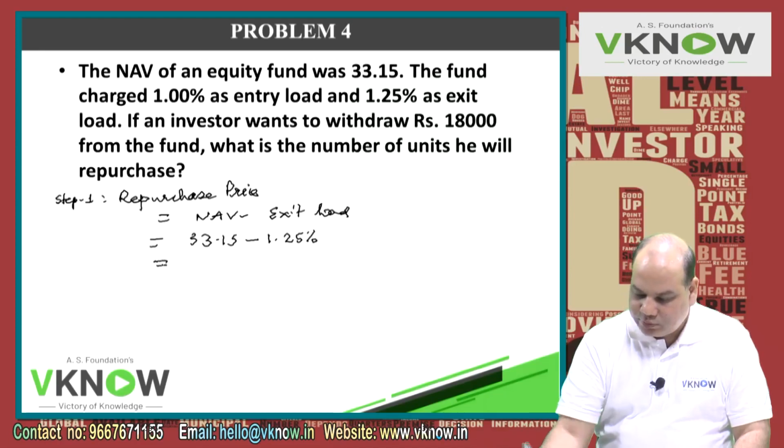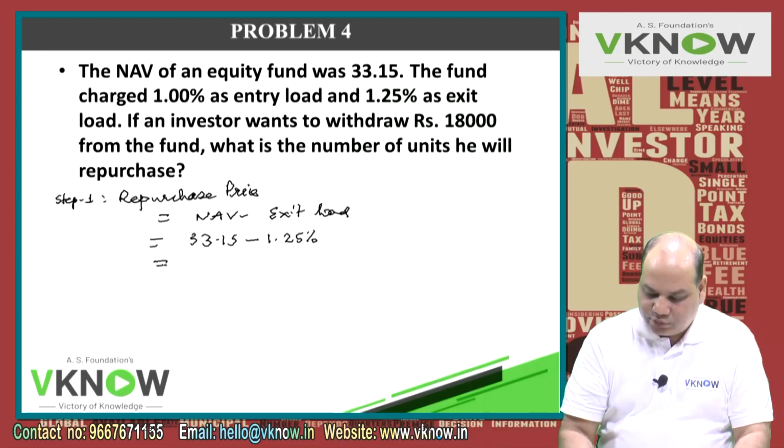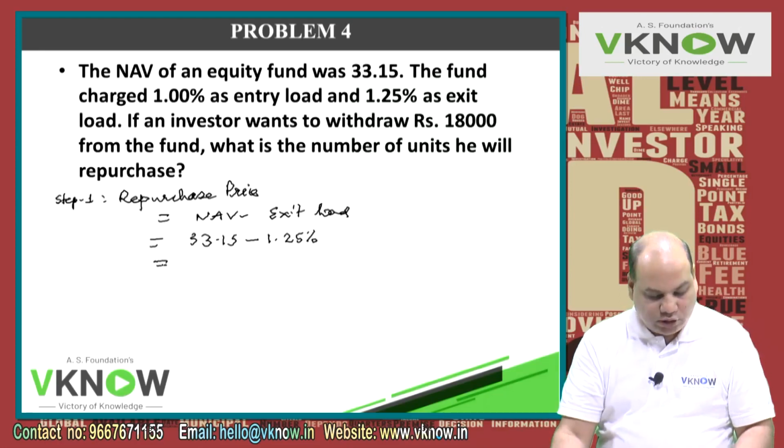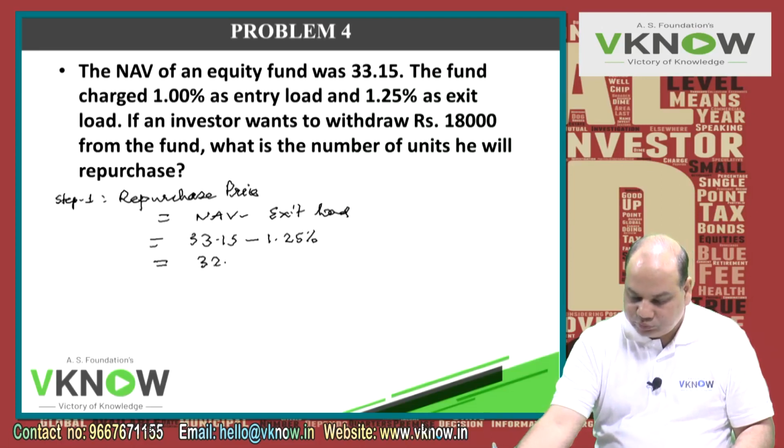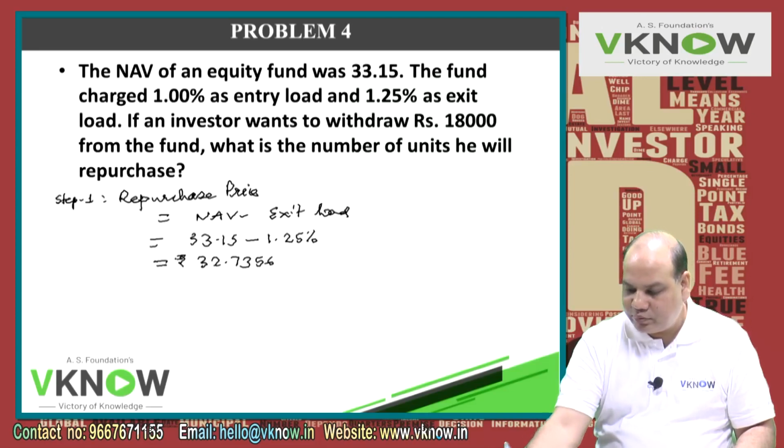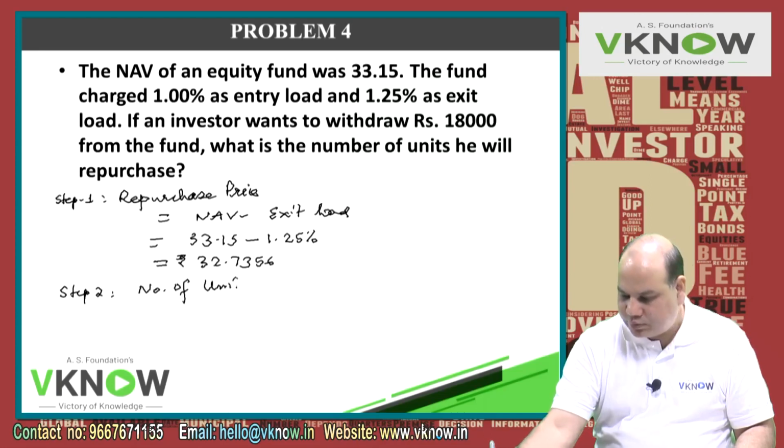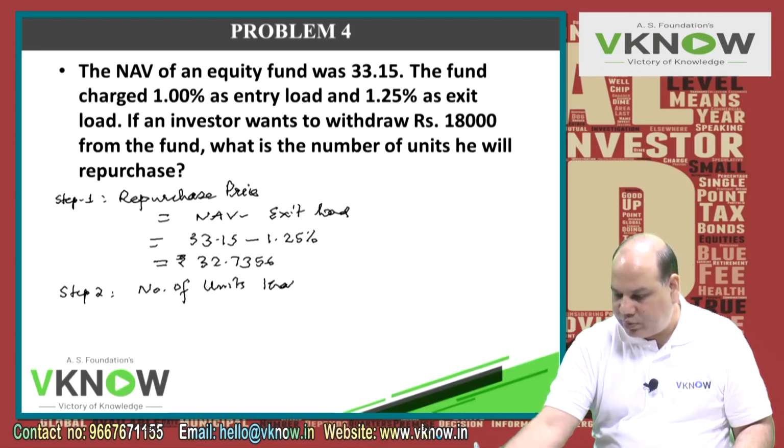So tell me 33.15 minus 1.25%, that is 32.7356 rupees. And step number 2, number of units that will be repurchased.